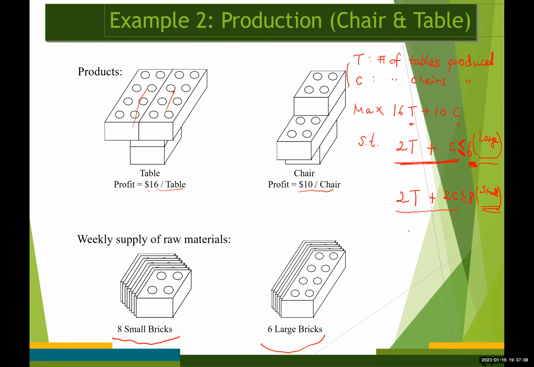And also you cannot produce a negative amount of tables and chairs, so you have to put non-negativity restrictions. So combining together the objective function, subject to these 2 constraints and also including the sign restriction, this is going to be the complete LP model for this example number 2. Okay.